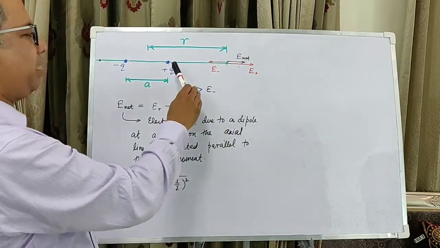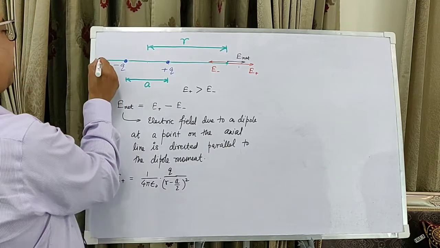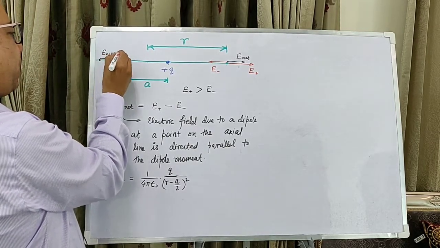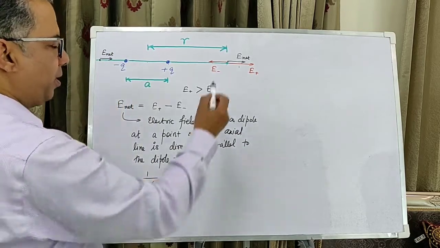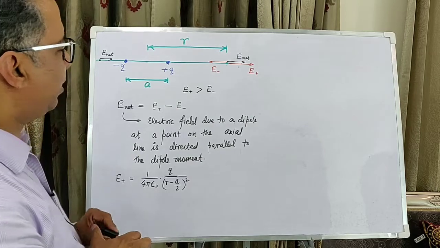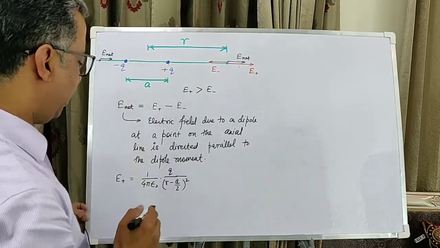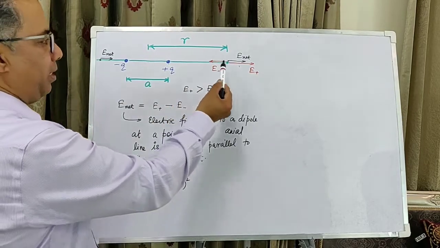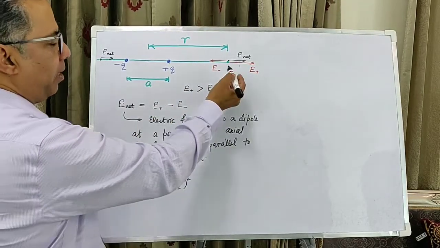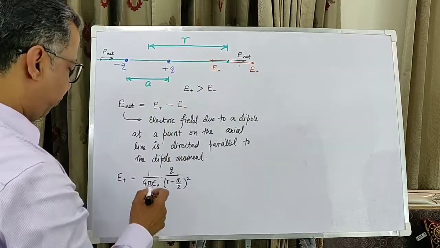Whether the point is on this side or on this side, the net electric field will always be directed parallel to the dipole moment. Now at this point we are interested in calculating the net electric field due to this dipole. This net electric field we know is E plus minus E minus, and therefore we now have to calculate E plus and E minus.